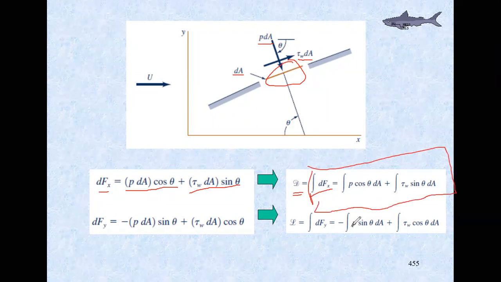So we have these equations. On the other hand, in the y direction you have dFy, which is minus p dA sine theta plus tau W dA cosine theta. And this y component creates lift, which is also a force.